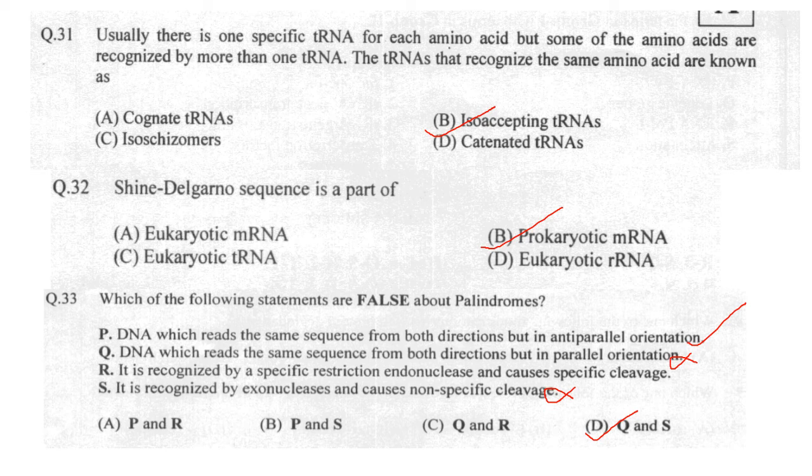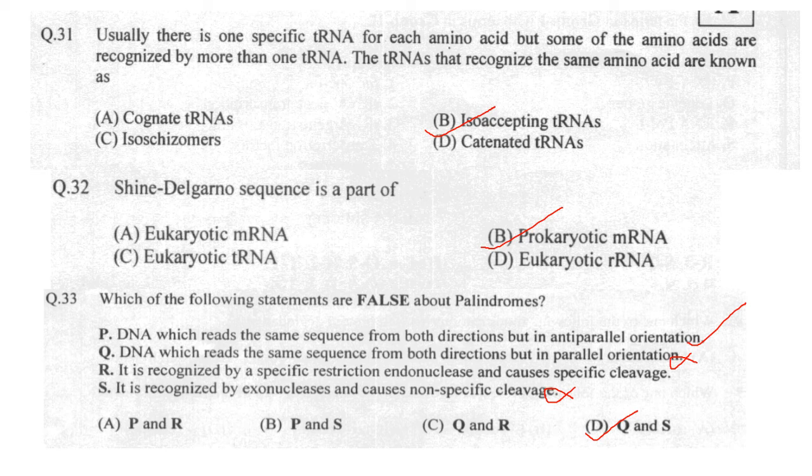Then next one. It is recognized by a specific restriction endonuclease and causes specific cleavage. Next one. It is recognized by exonucleases and causes non-specific cleavage. Answer is Q and S, option D.